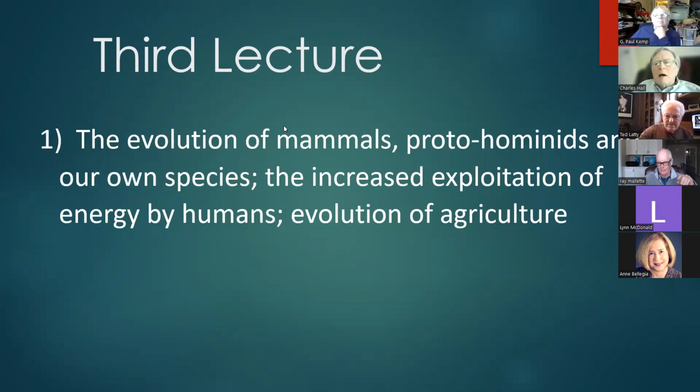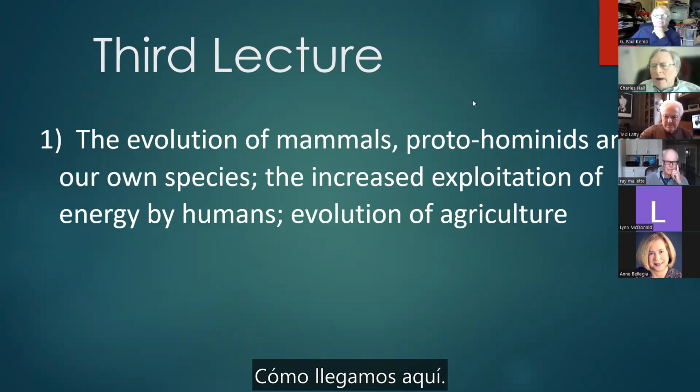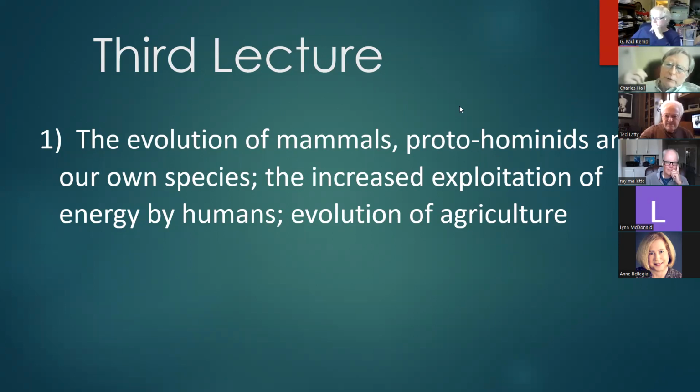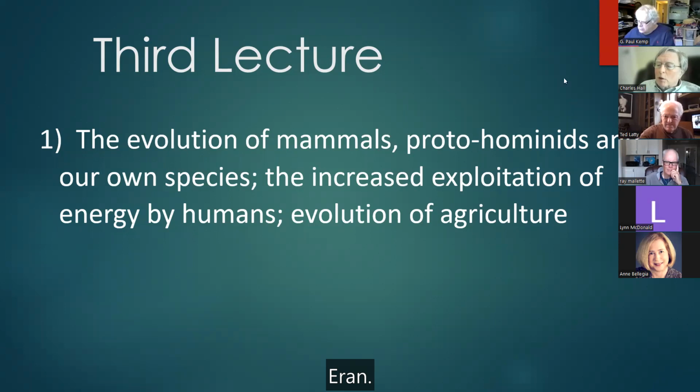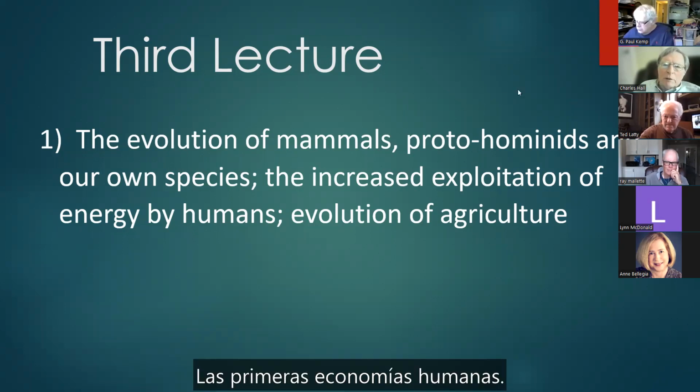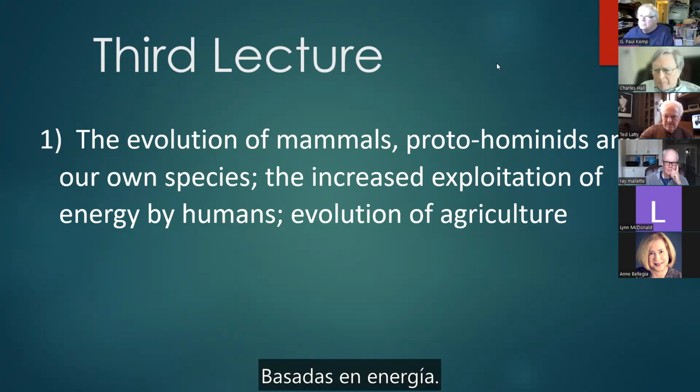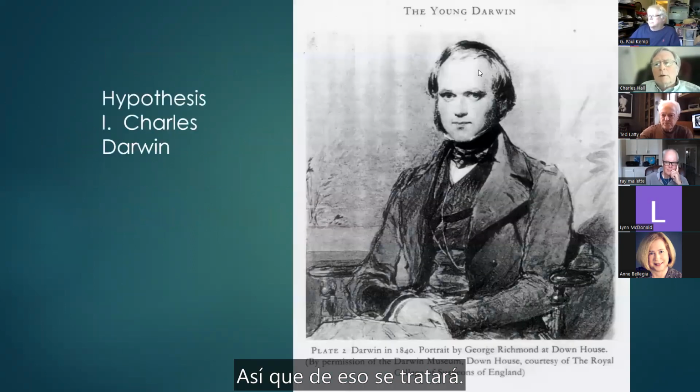How did we get here, what is the relation of that to energy, and how were early human economies energy based? So that's what this is going to be about.